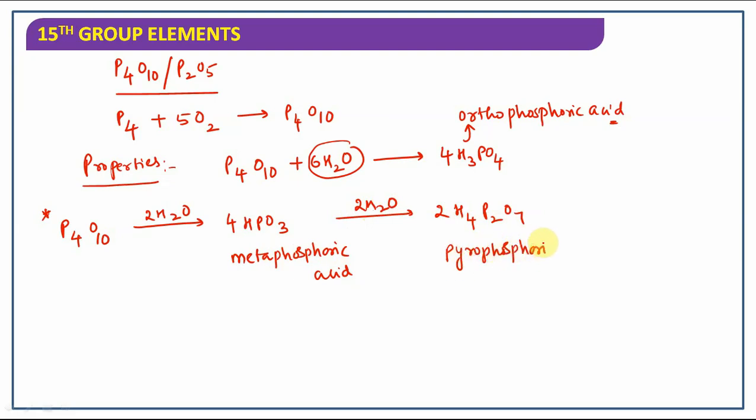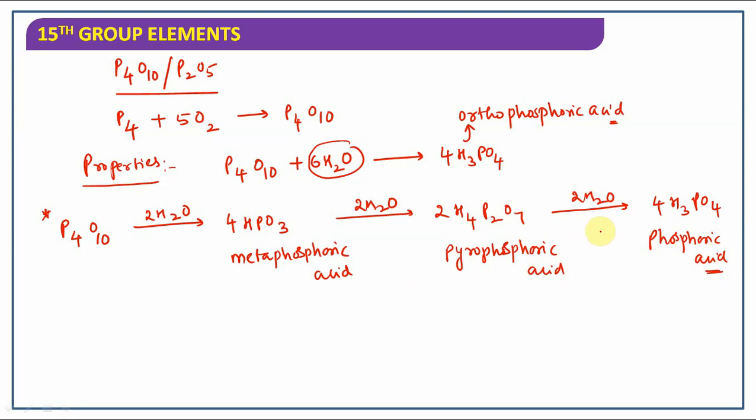Another 2 moles, so 6 moles of water is over. So finally what will we get? 4 moles of phosphoric acid will be formed.